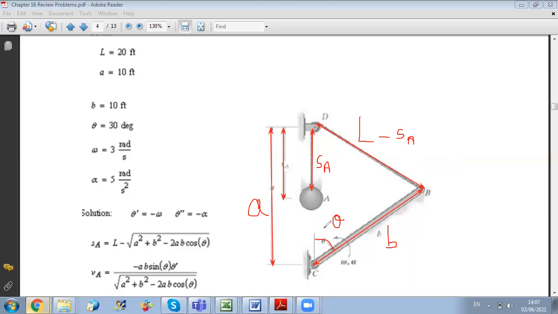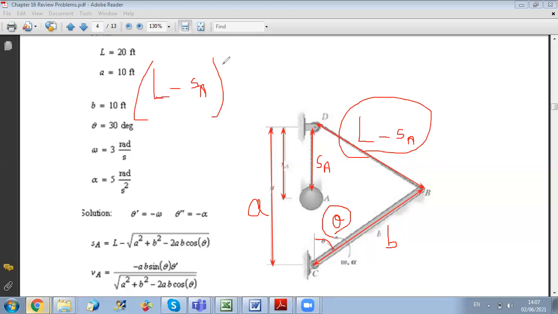Now, in order to relate L minus SA to theta, you can just apply the cosine law, because from the cosine law, you can write that dB squared, which is (L minus SA) squared, equals a squared plus b squared minus 2 times a times b times cosine of theta.